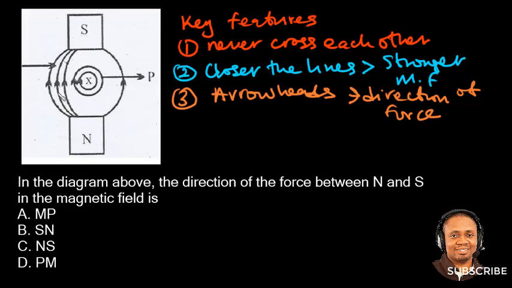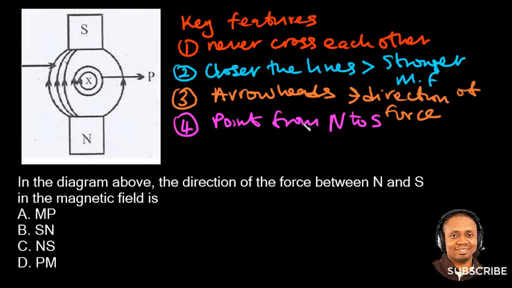As you can see, the lines have arrowheads showing this. Then fourthly, we also note that these arrowheads point from the north pole to the south pole.